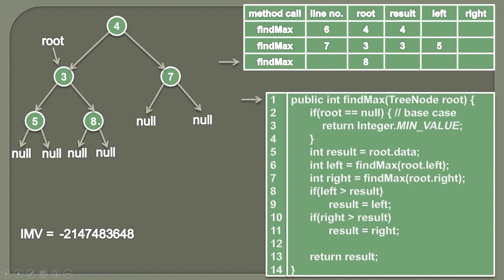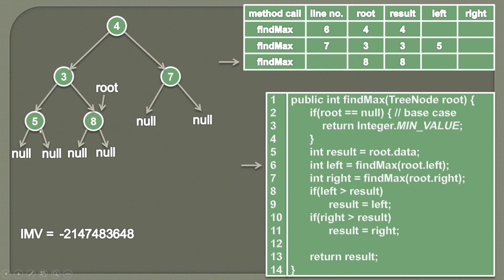So root will point to 8 now. We check whether root is equal to null or not. Root is not equal to null. We will store root's data, which is 8. And now similarly we'll perform this recursive algorithm for the root 8. So friends, these 3 steps we need to perform on each and every node.